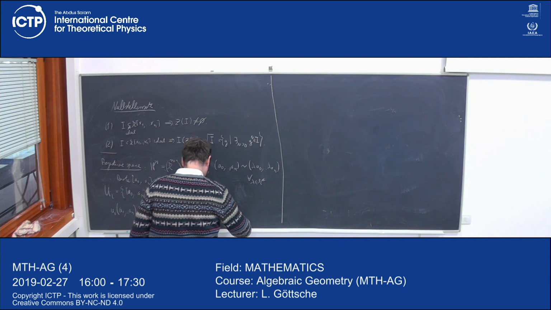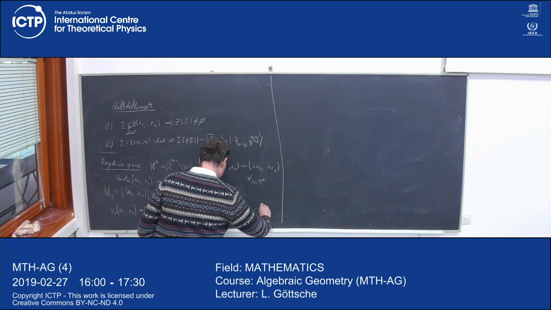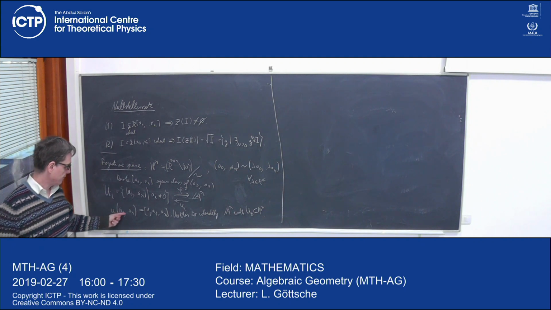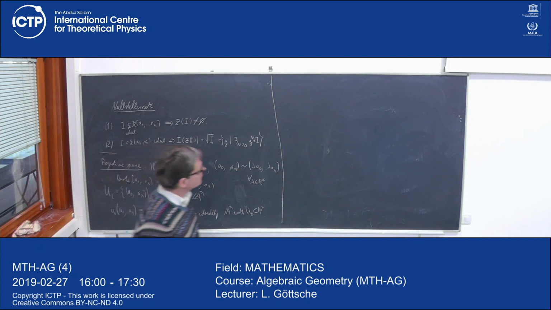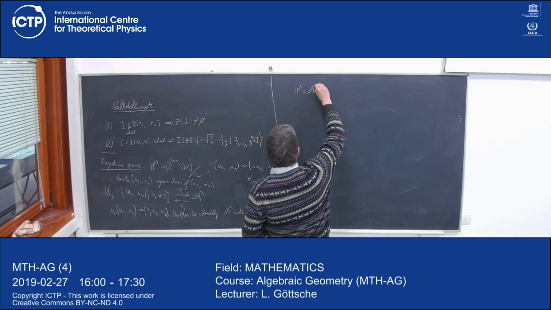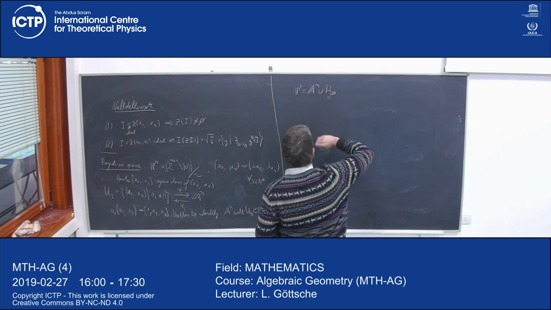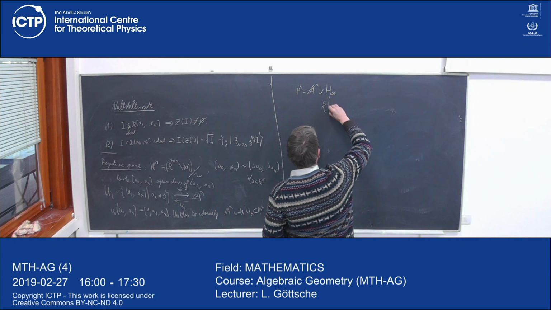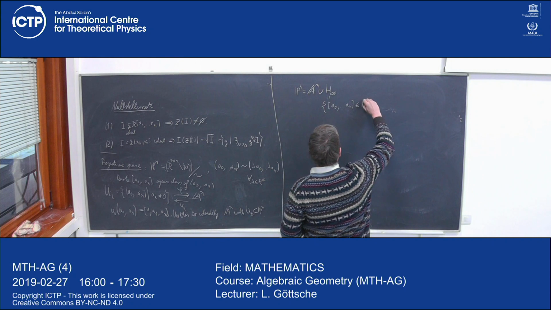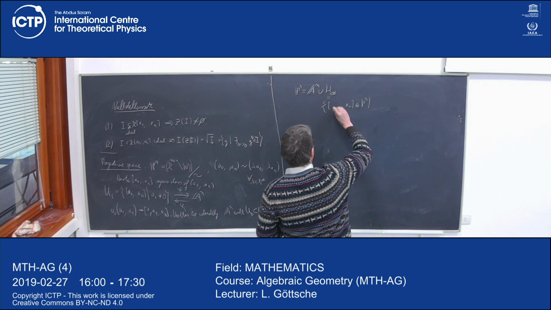If we make this identification, then Pn is equal to A^n union what is called the hyperplane at infinity, which is the set of all (a0:...:an) in Pn such that the zeroth coordinate is 0.